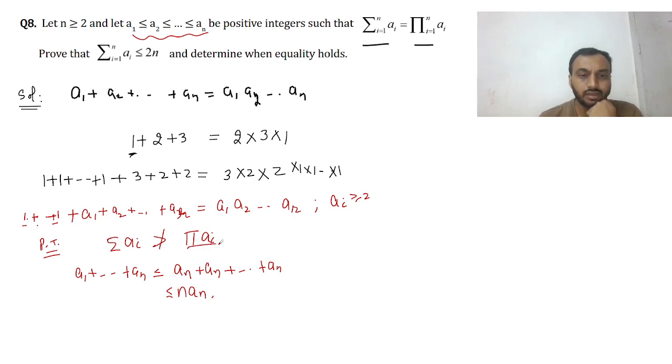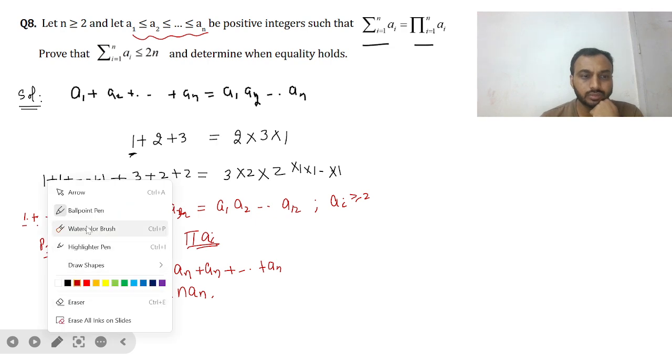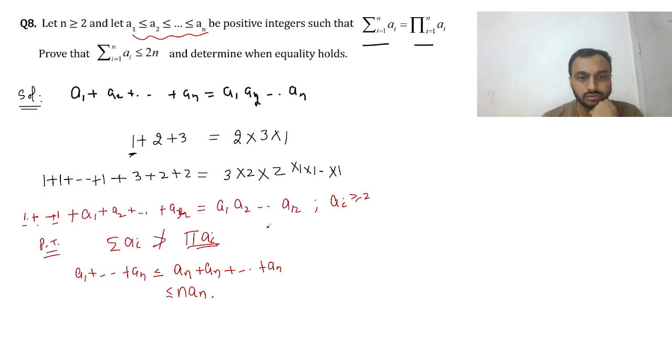And the product of ai is a1 a2 up to an, which is greater than or equal to, as each ai is at least 2, 2 into 2 up to an. We keep an as it is, and before that up to an minus 1 we get 2. So it is greater than or equal to 2 power n minus 1 times an.